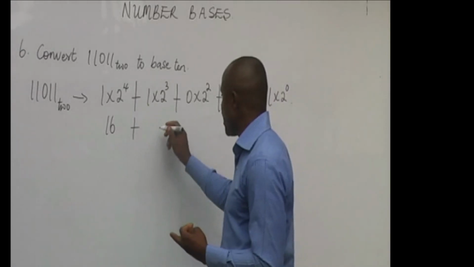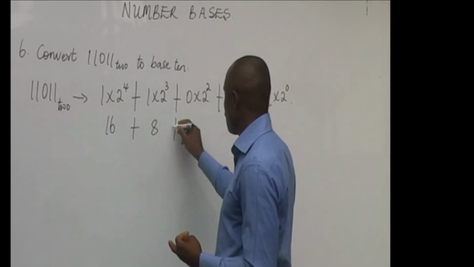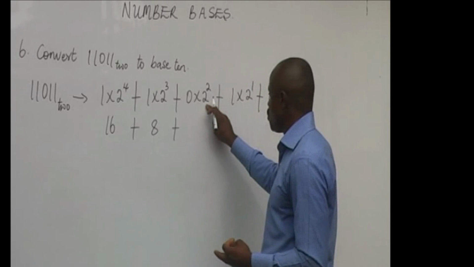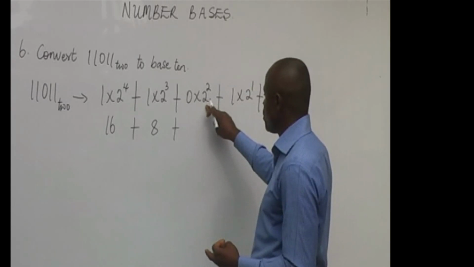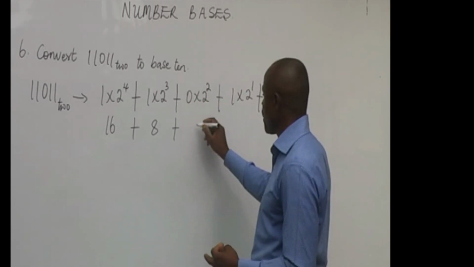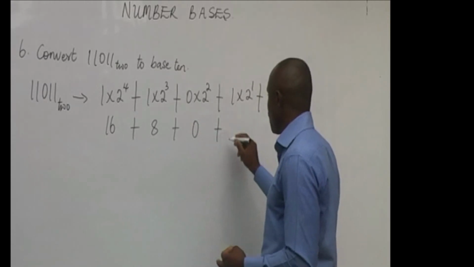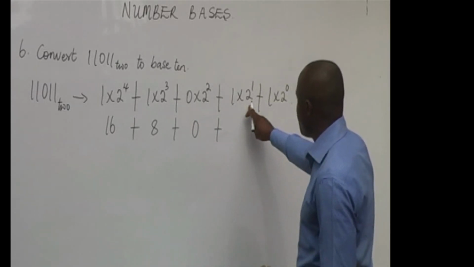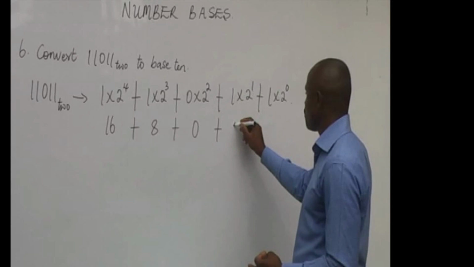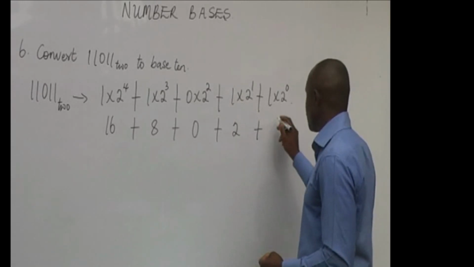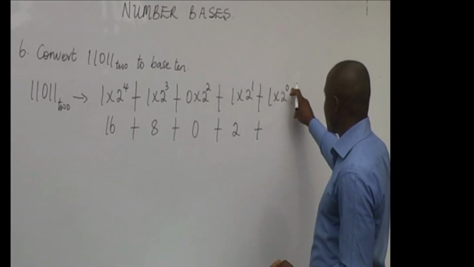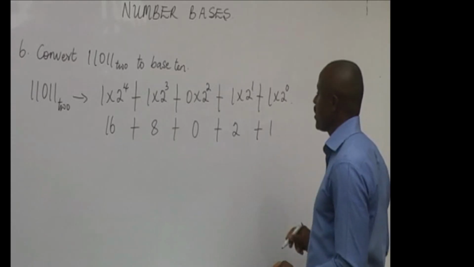Then 8 times 1 is 8. Plus, 2 exponent 2 means 2 times 2, which is 4. 4 times 0 will give you 0. Plus, 2 exponent 1 means 2. 2 times 1 will give you 2. Plus, 2 exponent 0 is 1. 1 times 1 is 1.